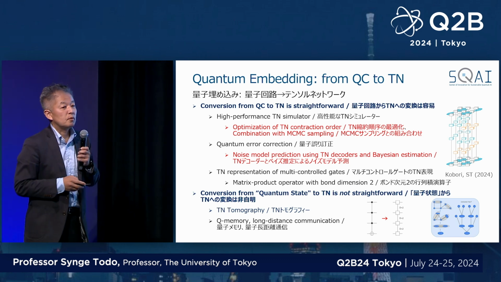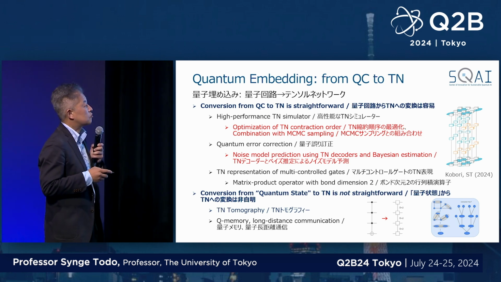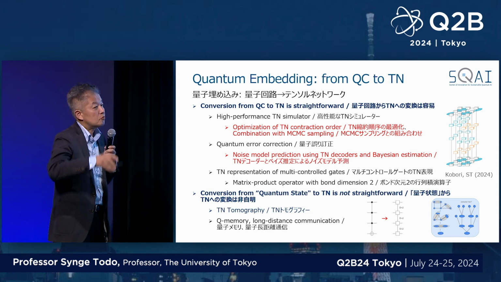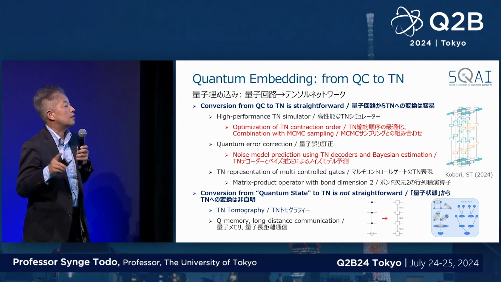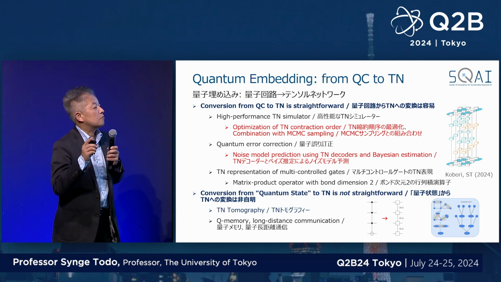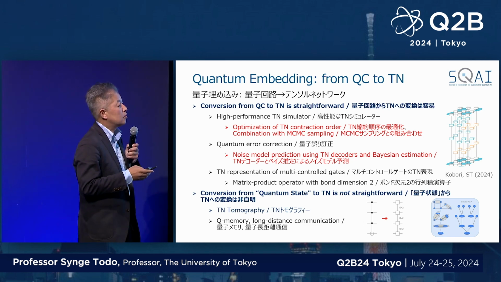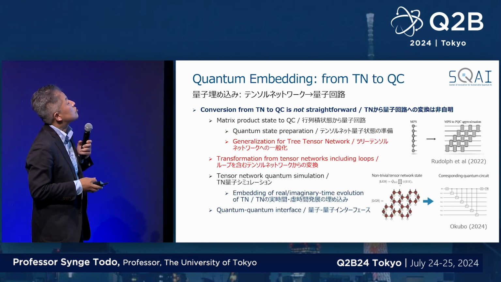If this is possible, though, we can use that as a simulated quantum memory, or it could be used for long-distance communication. When you make a measurement, you have binary bits 0, 1, 0, 1, but rather than going down to 0, 1 conversion, the tensor network will be able to express the quantum state in an approximate manner. We can just keep the state as is.